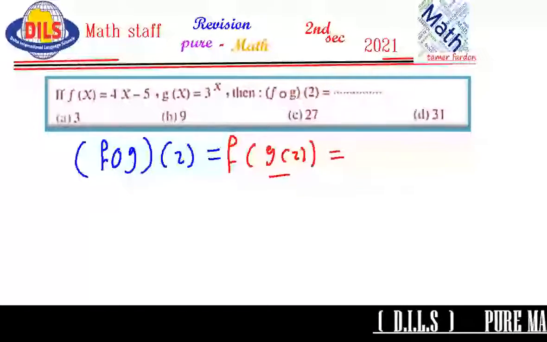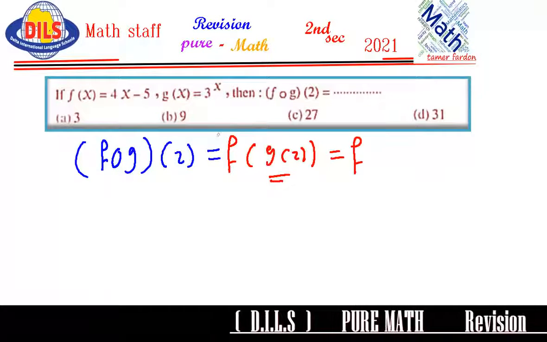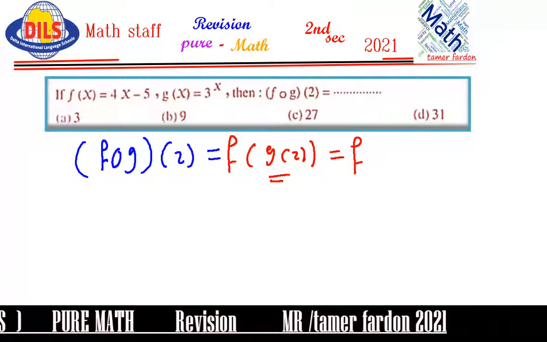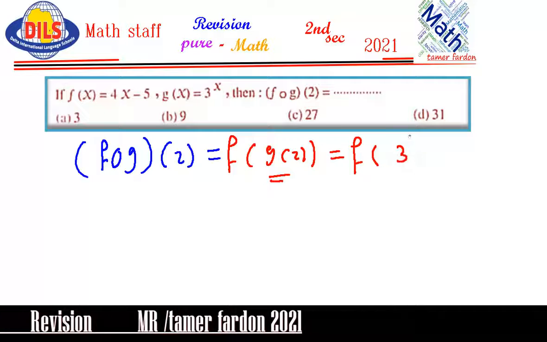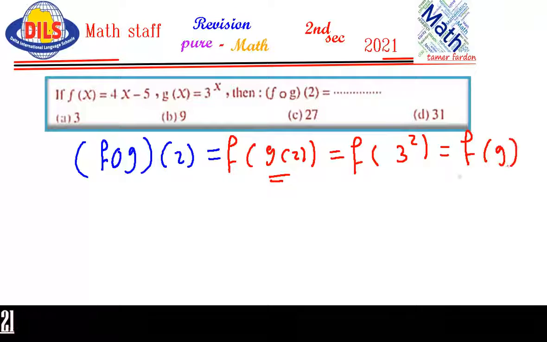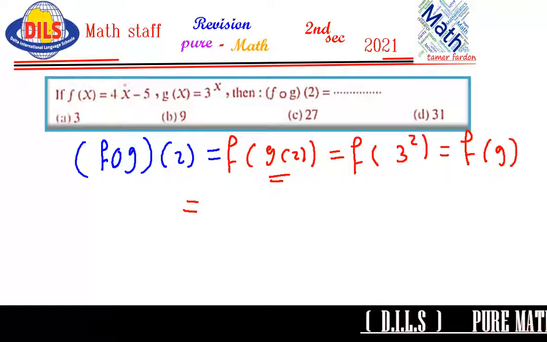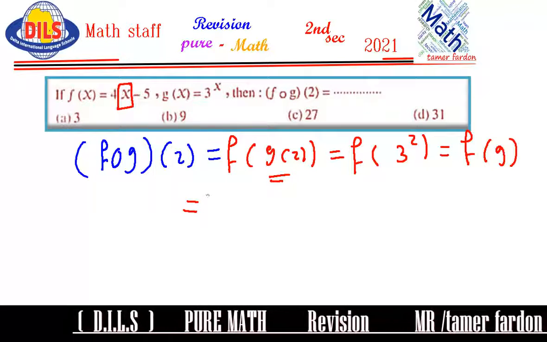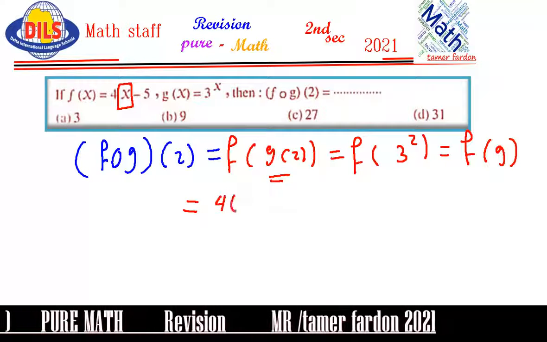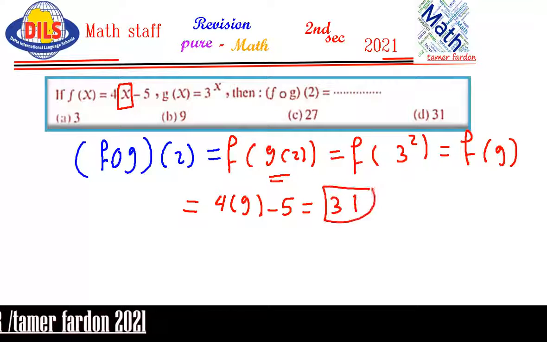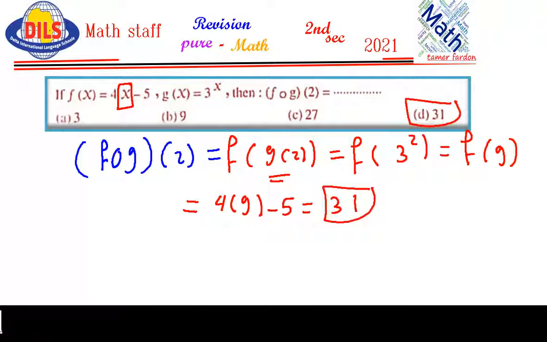We can find g(2) by replacing x by 2 in g(x) to get 3 power 2, which equals 9. This equals f(9). We can find f(9) by substituting x by 9 in f(x) to get 4 times 9 minus 5 equals 31. So the correct answer is 31.